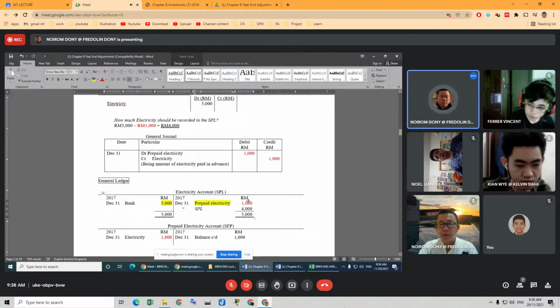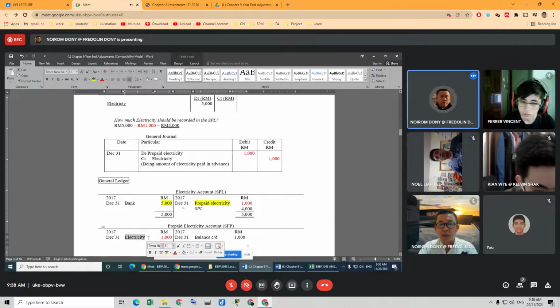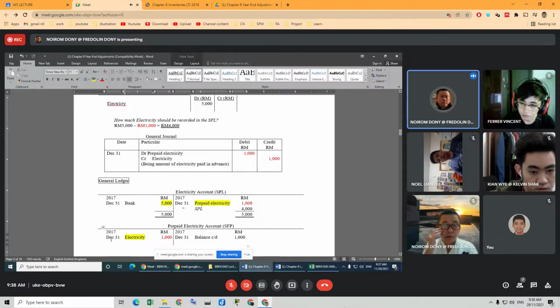Then open up a prepaid electricity account and complete the double entry. Just now it was credit, so this one should be debit. And the particular is the heading of the account that is being credited. And the date must be the last day of the year. That's why we call it year-end adjustment.